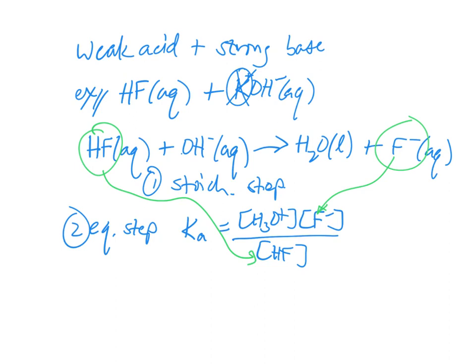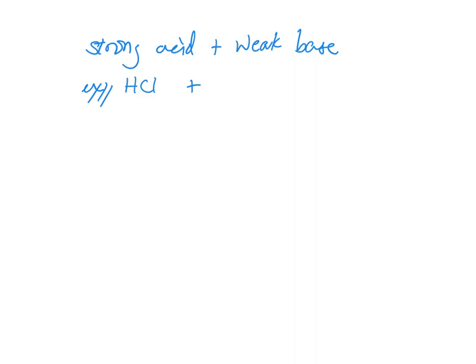The next thing, of course, that we could talk about is what if we reversed the situation and had a strong acid and a weak base. And so in this case, let's say we've got HCl and NH3.